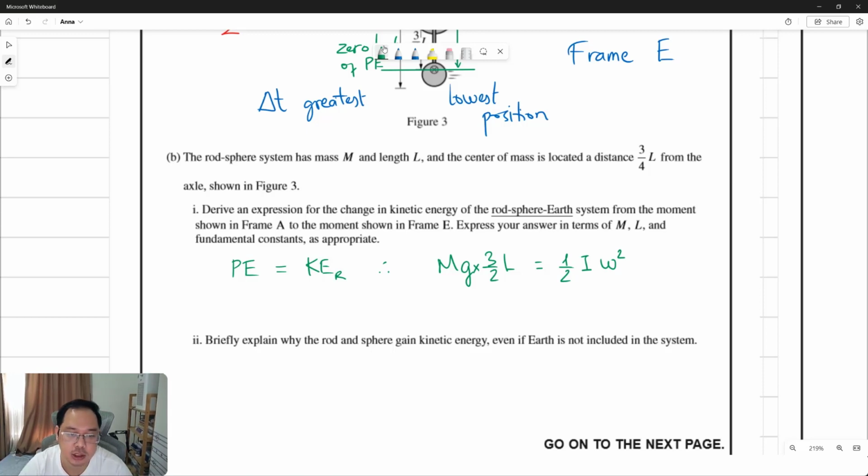But we do not need to write this formula, we just need to write that this is the rotational kinetic energy. Derive first the change in kinetic energy.